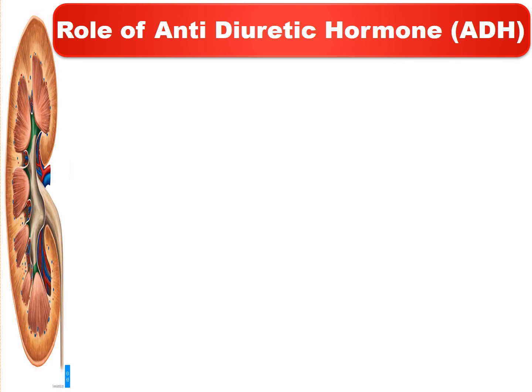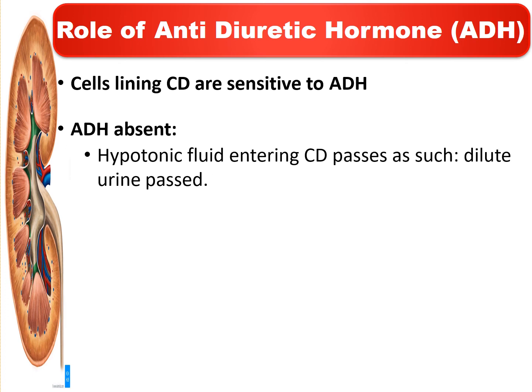Then let us discuss the antidiuretic hormone. The characteristic feature of the cell lining of the collecting duct is its responsiveness to antidiuretic hormone. If the antidiuretic hormone is absent, then hypotonic fluid enters the collecting duct and passes as such.